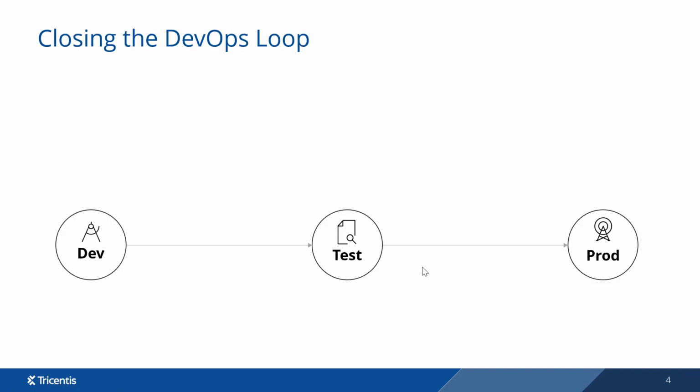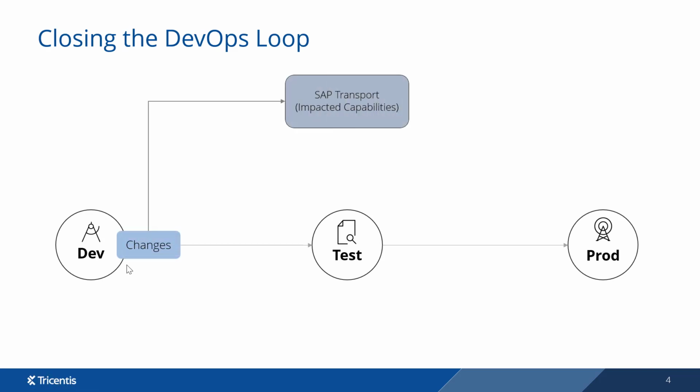So let's take a look at what the process is. We're starting with our development box here. We're getting ready to make our changes to our SAP system via the SAP transport capability. We need to determine what are those most at risk capabilities so we know exactly what to test.